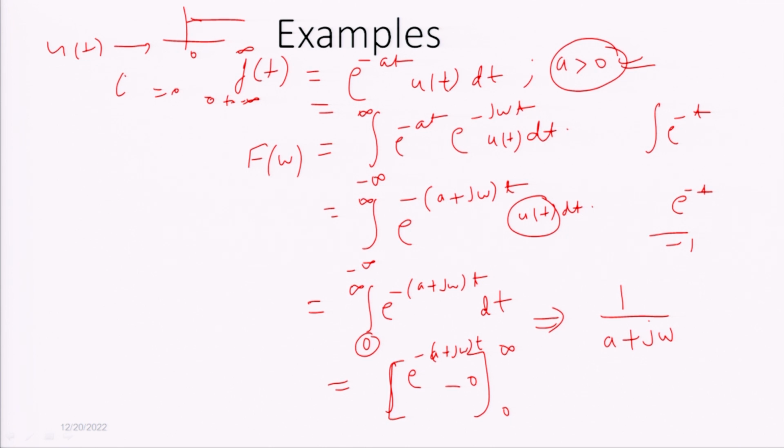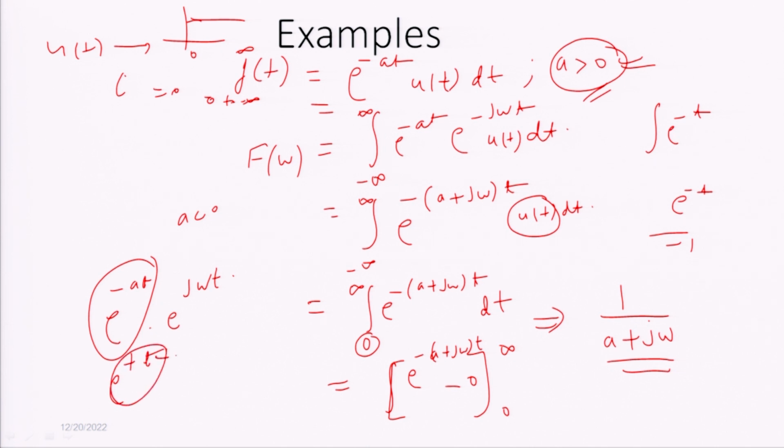So, remember the result: the integration of e to the power minus a t u(t) dt gives us 1 upon a plus j omega. See the importance of a greater than 0. When you put in the limit, you get e to the power minus a t and e to the power j omega t. If the value of a is negative, this whole function becomes e to the power of a positive quantity times t, and when you put t equal to infinity, the whole function becomes infinite.